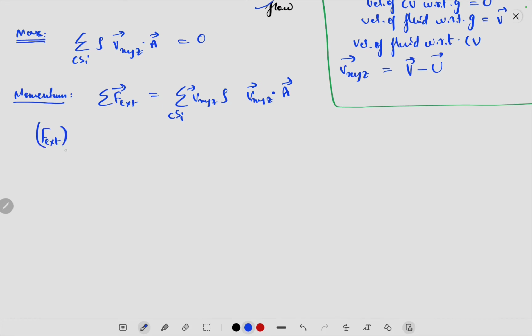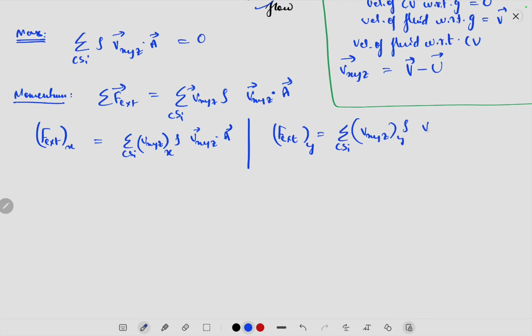F external in x is equal to summation over CSi of Vxyz in x times rho Vxyz dot A vector, and F external in y is summation over CSi of Vxyz in y times rho Vxyz dot A vector.